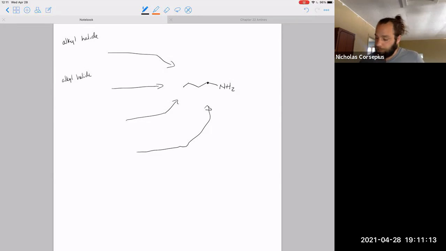The other one would be if we started with a ketone, and then we also know how to go if we start from a carboxylic acid derivative.